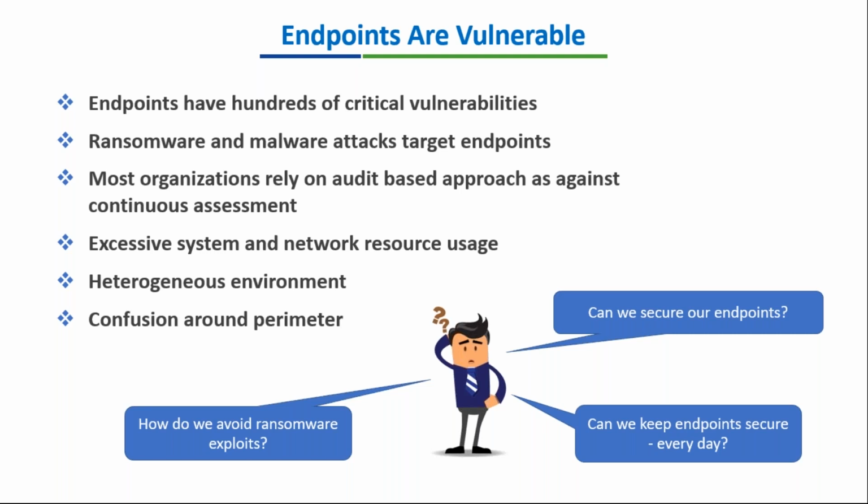Typically, the risk-based auditing is performed once a month or once a quarter, which is the practice put in place by most organizations, while new vulnerabilities are being discovered on a day-to-day basis.